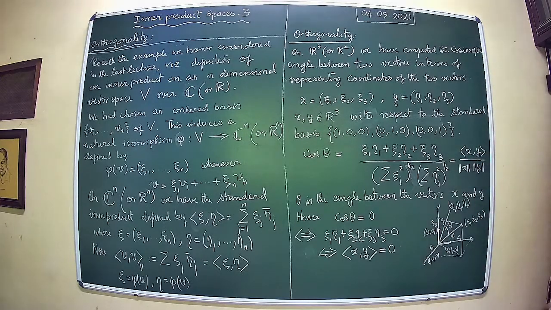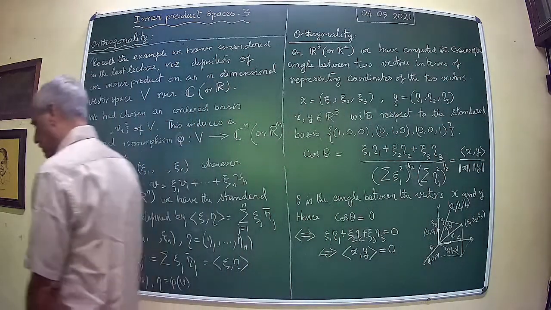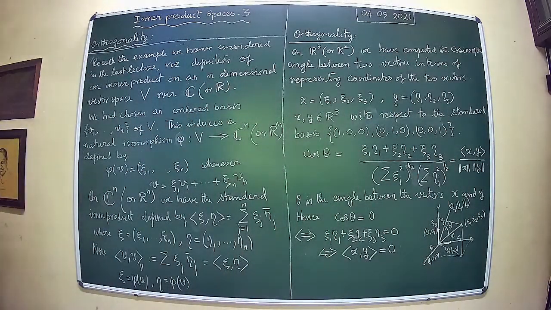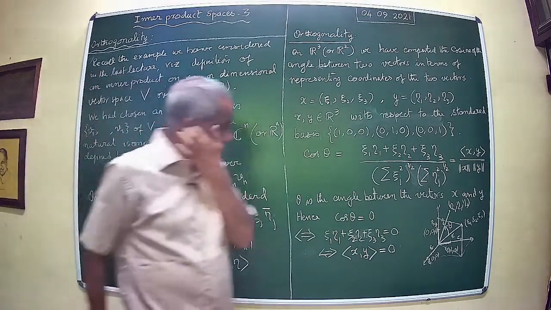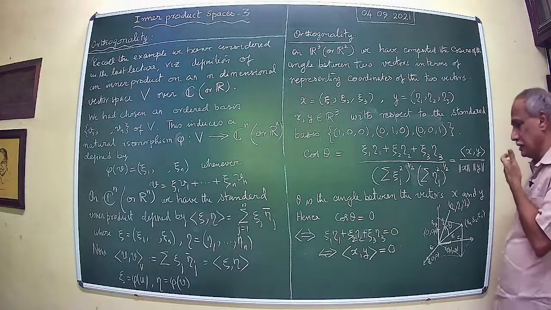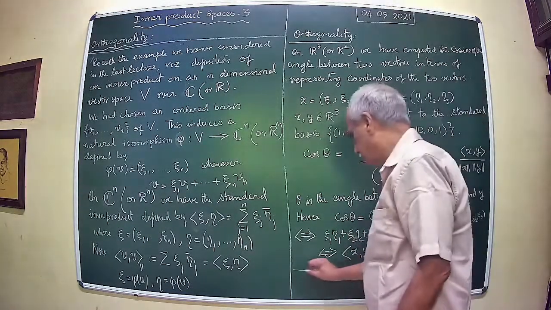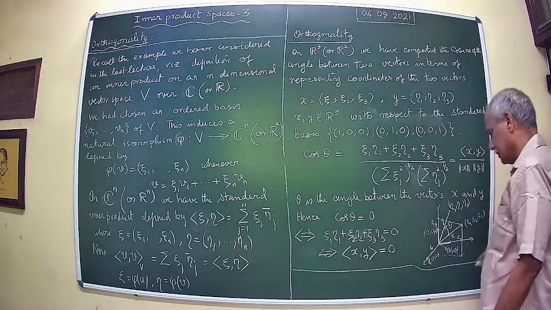Psi 1, psi 2, psi 3. These distances are denoted by psi 1, psi 2, psi 3. This is the usual Cartesian coordinates. Now that prompts us to define. Okay, so let us write this.